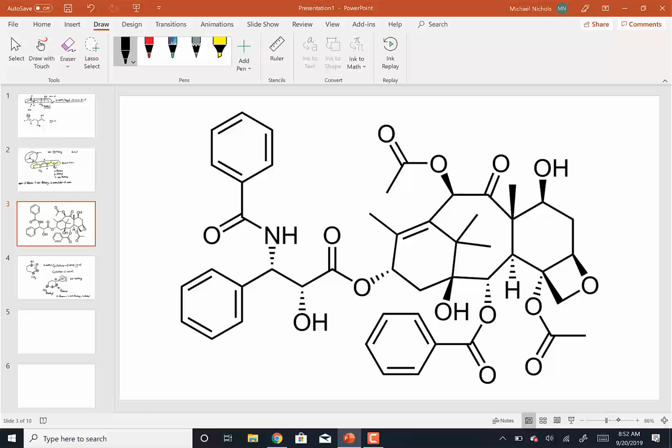What functional groups are they? This is an anti-cancer drug, and it's got a bunch of functional groups in it. Could we identify which ones they are? We didn't go over that, but we can do that as well as the naming on Monday.